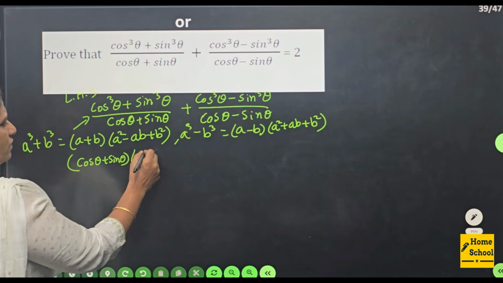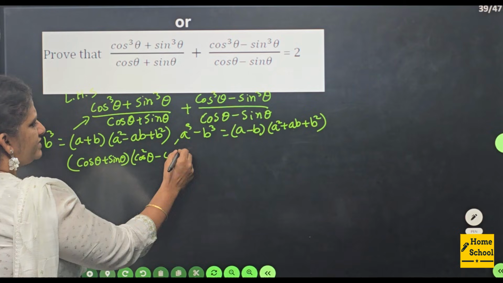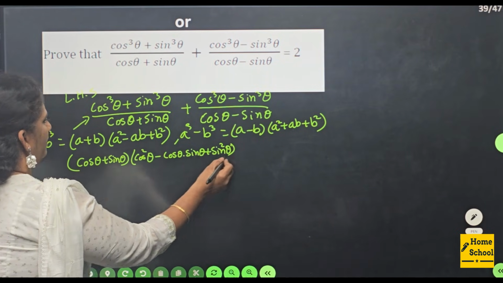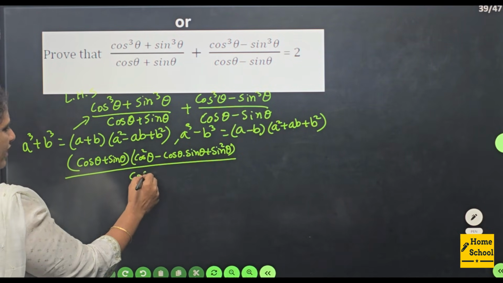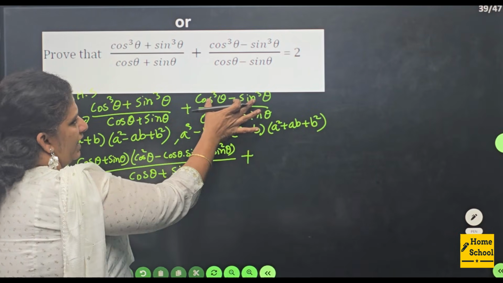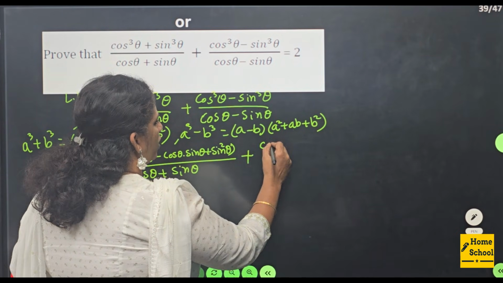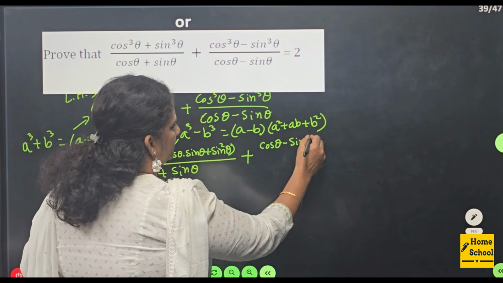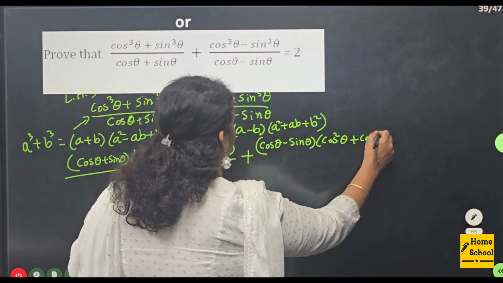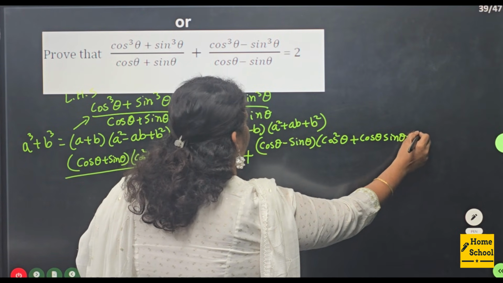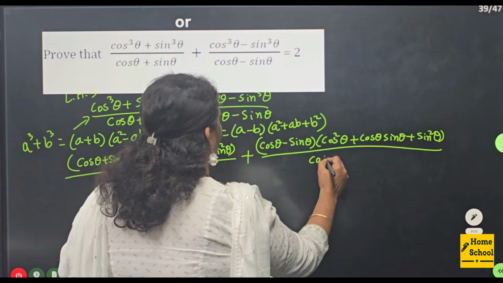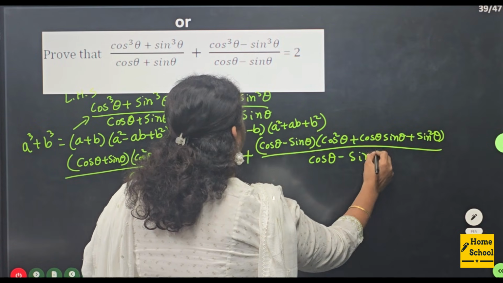into (cos square theta minus cos theta into sin theta plus sin square theta) whole divided by, as it is you write, cos theta plus sin theta, plus here a cube minus b cube formula, cos theta minus sin theta into (cos square theta plus cos theta into sin theta plus sin square theta) whole divided by cos theta minus sin theta.